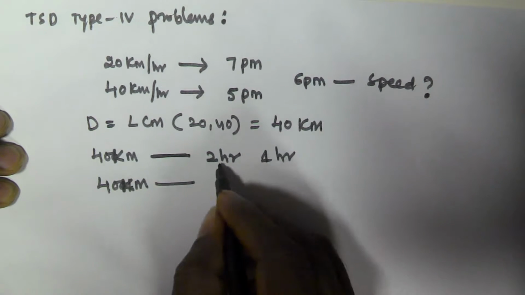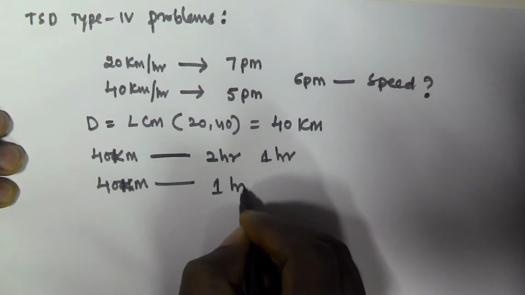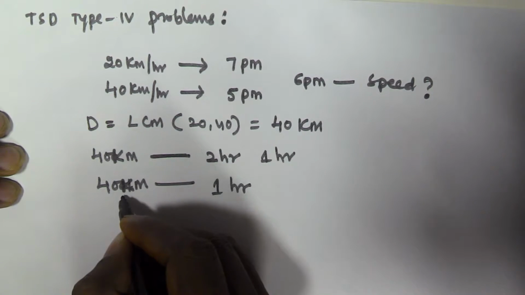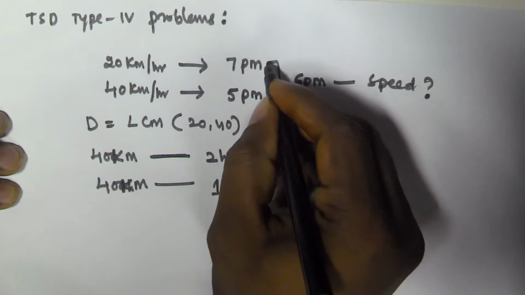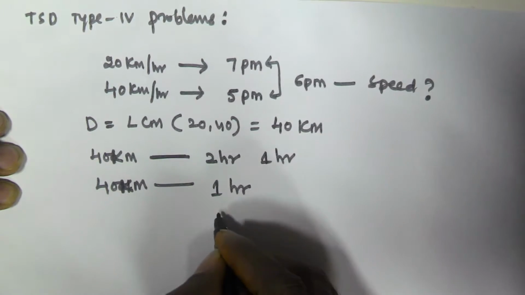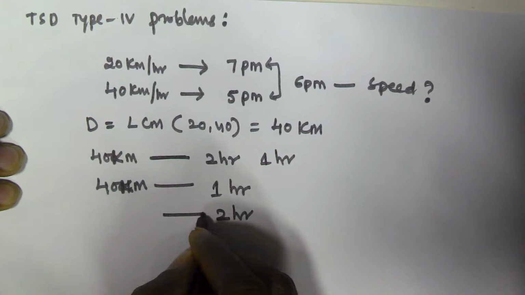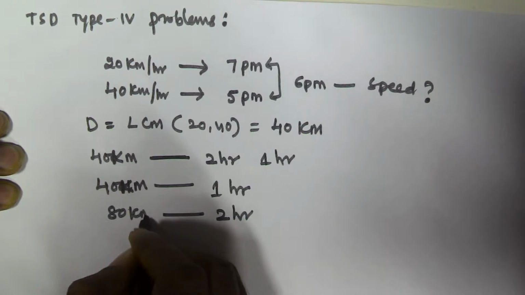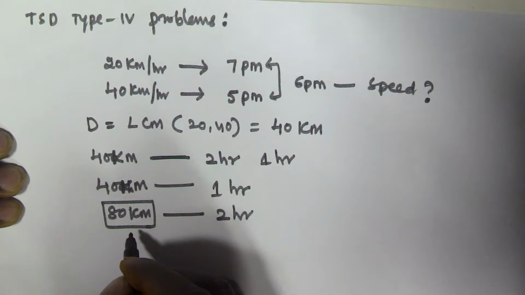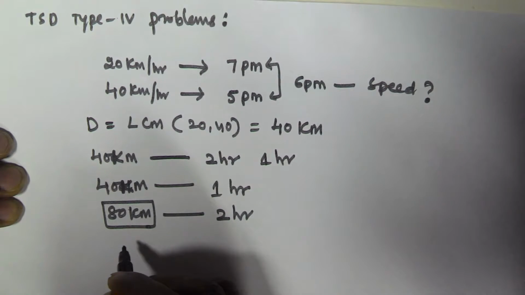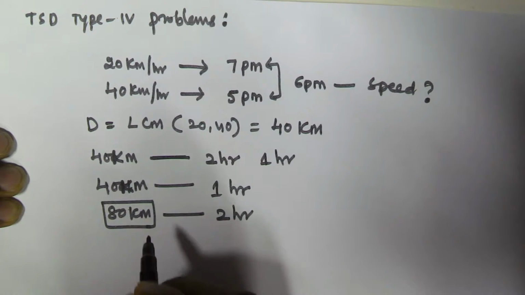The difference between 2 hours and 1 hour is 1 hour, so 1 hour is 40 kilometers. But the difference between 5 p.m. and 7 p.m. is 2 hours, so 2 hours corresponds to 80 kilometers. So this is the actual distance between his home and office: 80 kilometers.